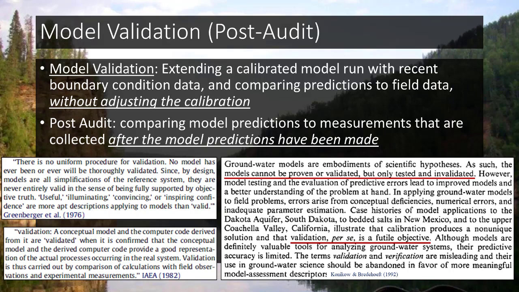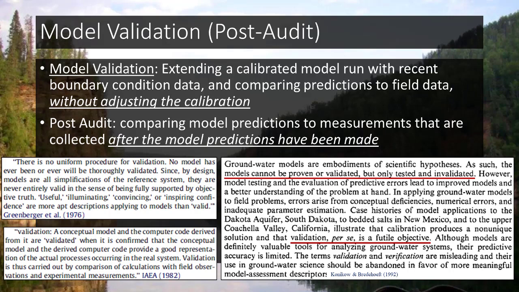And these authors argue very strongly that you cannot prove it or validate it. And their point is that a model is a hypothesis. We can only invalidate it if it's wrong, but we can keep measuring all over the place within our model domain. It might be right, but that doesn't mean the whole model is absolutely correct.